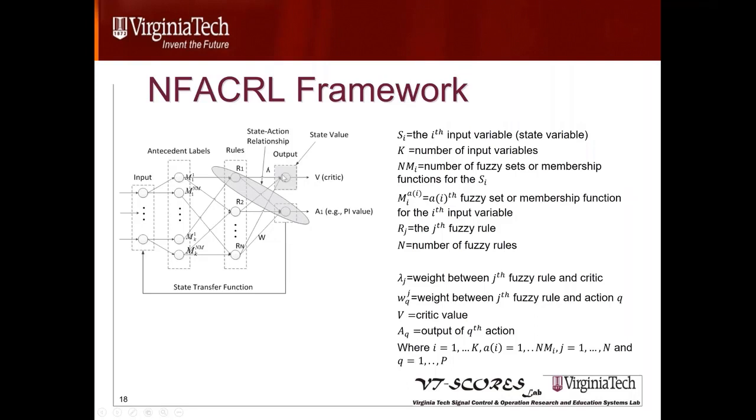But then you have a critic over here that evaluates the value you come up with. It looks at the state value basically. And what that means is it's a way to incorporate an evaluation of the state that you're going to end up being in, not just your action.